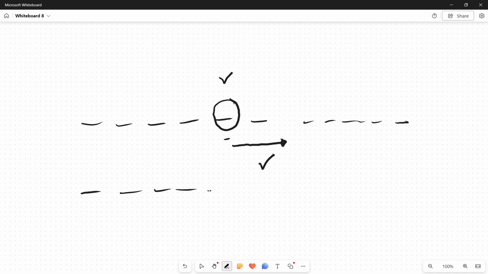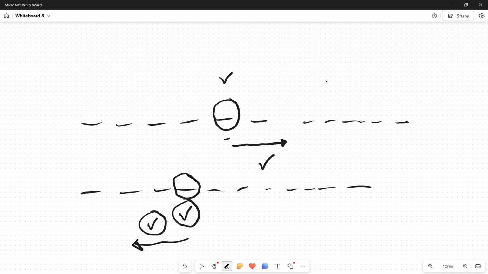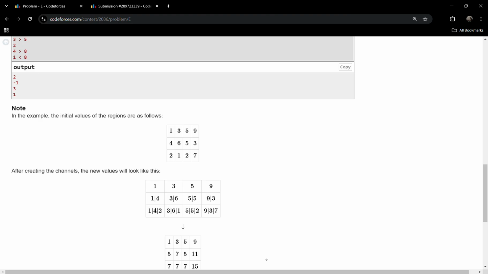Or it is the last element to satisfy the specific condition, and then all of the previous elements satisfy that condition. So that is when we apply binary search.